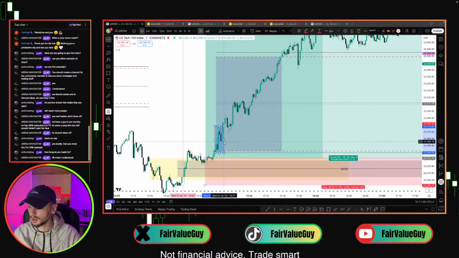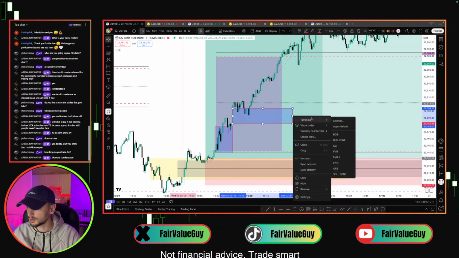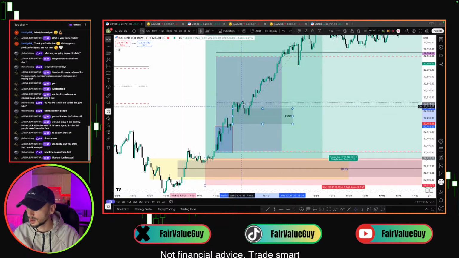We have a breakout. You might wait on this breakout, you might enter on this one, and there you go. It's important to see the price action right here. It respects the fair value gap and it keeps going. And now I'm gonna show you why I did enter today.